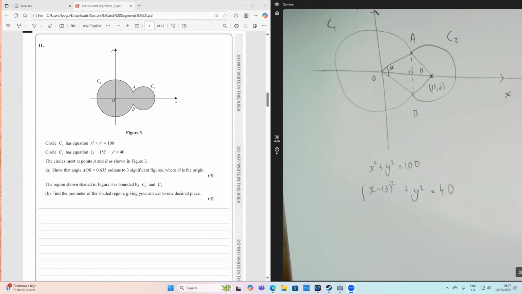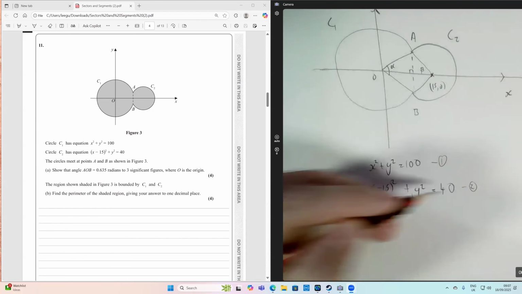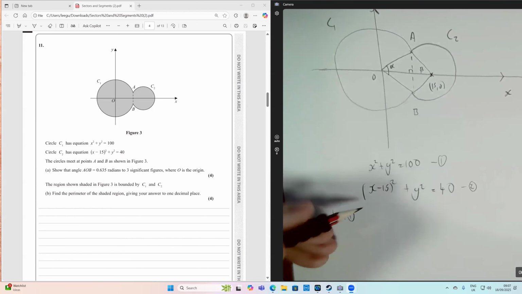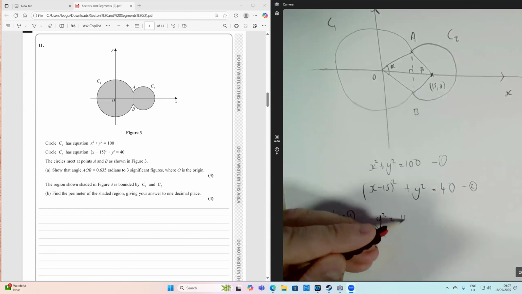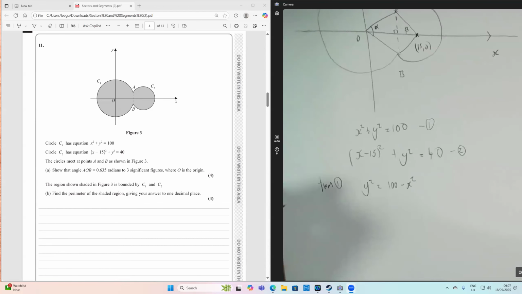Let's call that equation 1, that one equation 2. So from equation 1, I'm just going to rearrange it to make y squared the subject. So y squared is equal to 100 minus x squared.